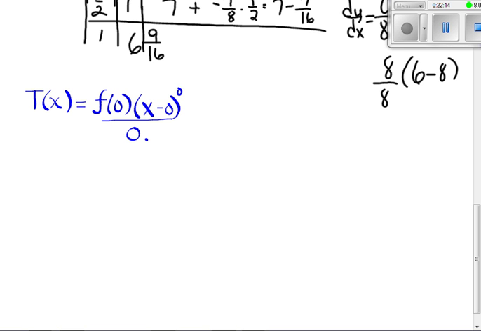Do you remember the formula, Marcus? Yeah. What's the next one then? F prime of 0, x minus 0 to the what power? First power over 1 factorial. That one's pretty easy still. And what's this next one, Justin?